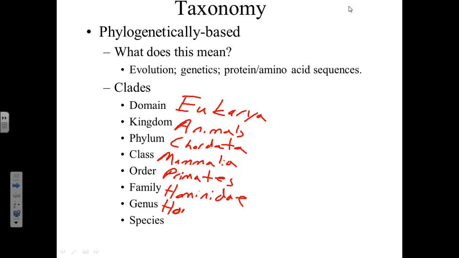We are the only remaining species in that group. And sapiens is the species. Remember that a scientific name is always written genus first, first letter capitalized, species next, in lowercase. And if you're handwriting it, you underline it. And if you're copying it, you're supposed to do what? Italicize.